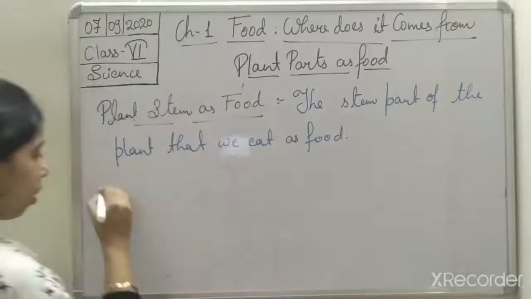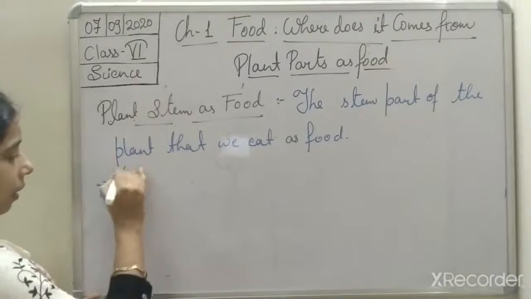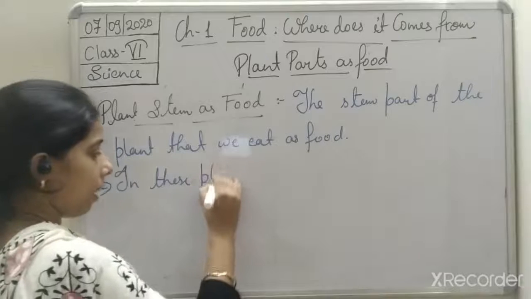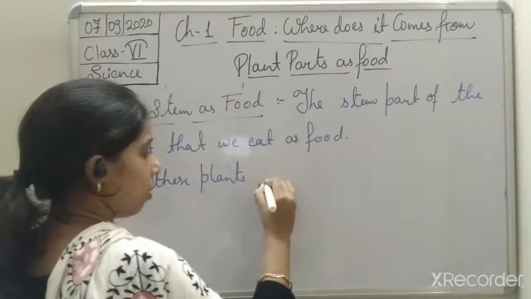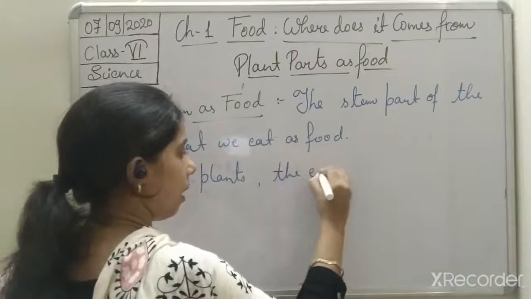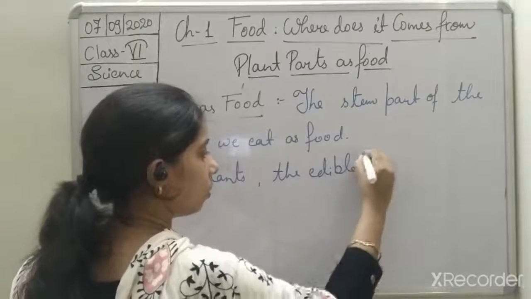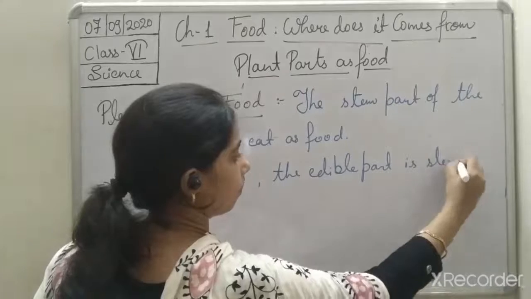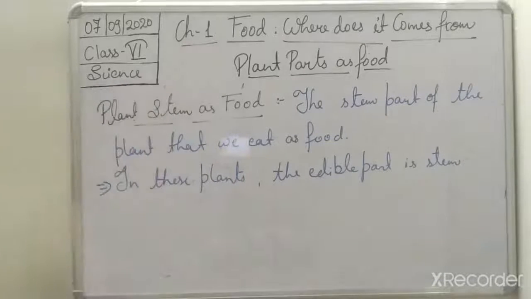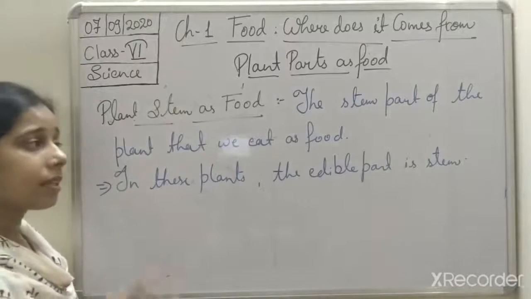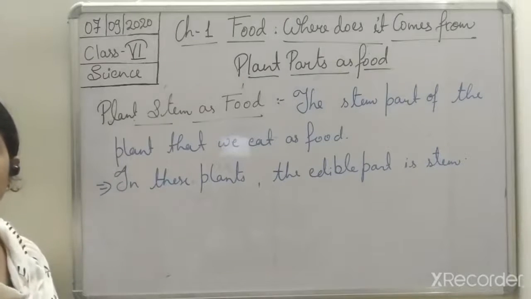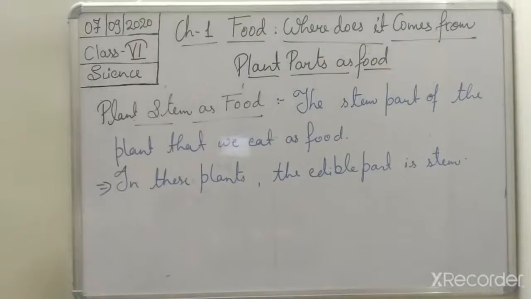Okay. What does that mean? That in these plants or crops, the edible part is the stem. So in this case, students, you see, we are eating the stem of the plant, or the stem is the edible part of the plant.